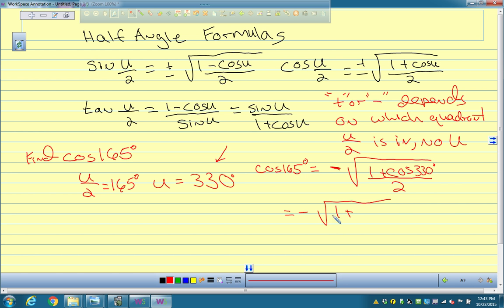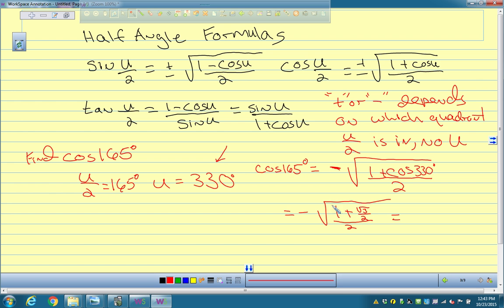It's positive root of 3 over 2. So it's 1 plus root of 3 over 2, that whole thing over 2, and this whole thing is still under the square root. If you put this on a test and left it like that, I'd say that's fine. But in the book, they simplify this, and it comes out a little nicer.